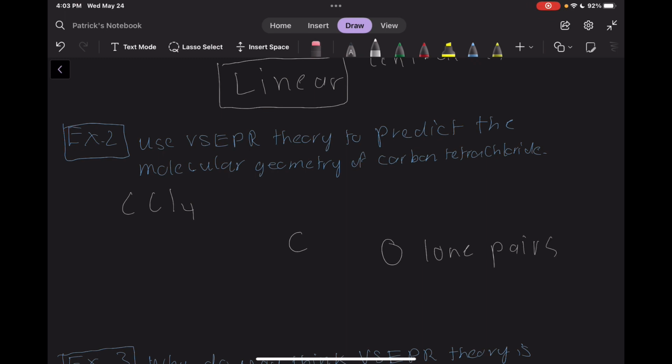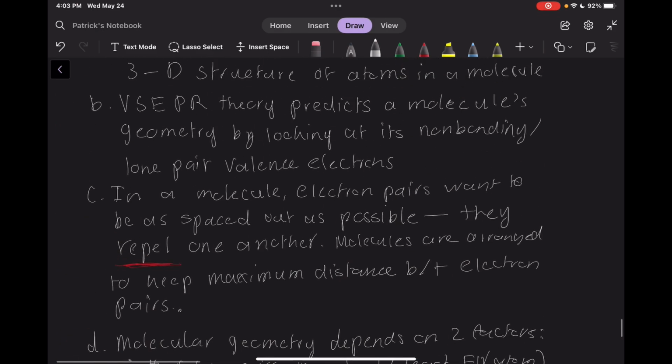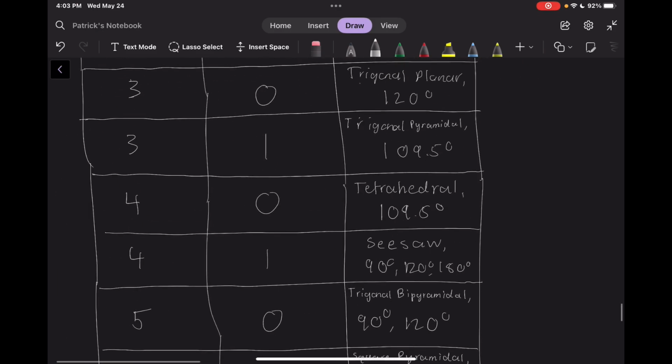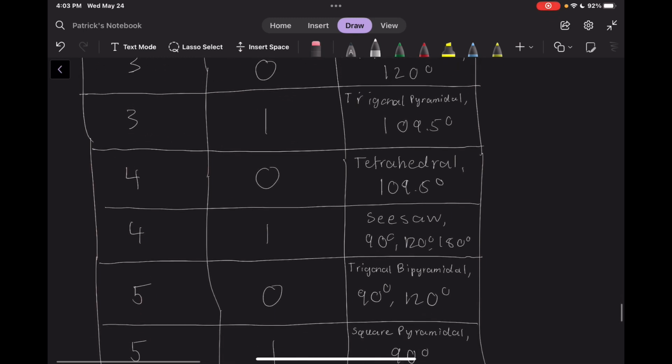And there are 4 atoms total bonded to said central atom. Referring back to our table, we notice that 4 surrounding atoms and no lone pairs corresponds with the tetrahedral molecular geometry, so that becomes our final answer.